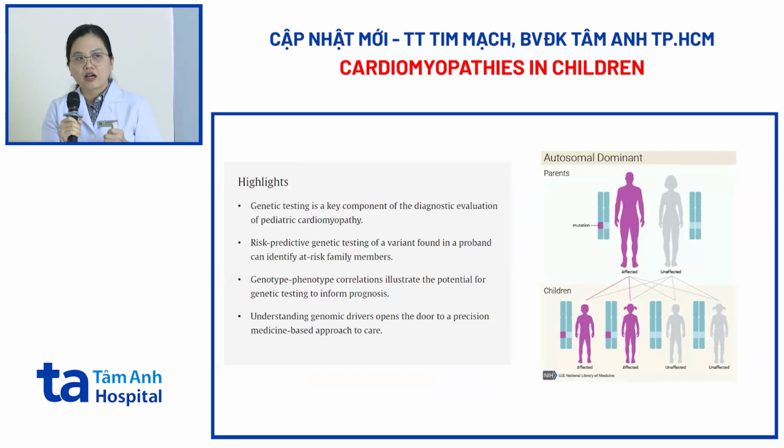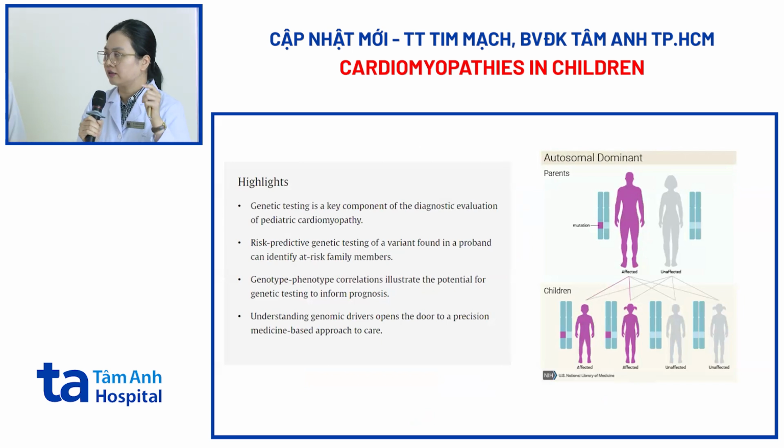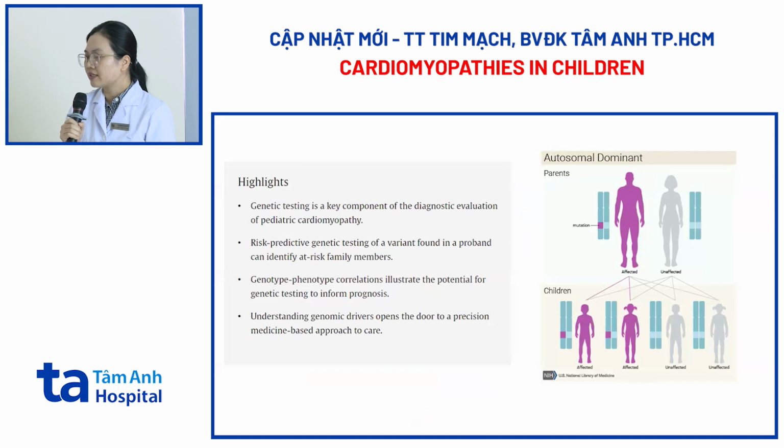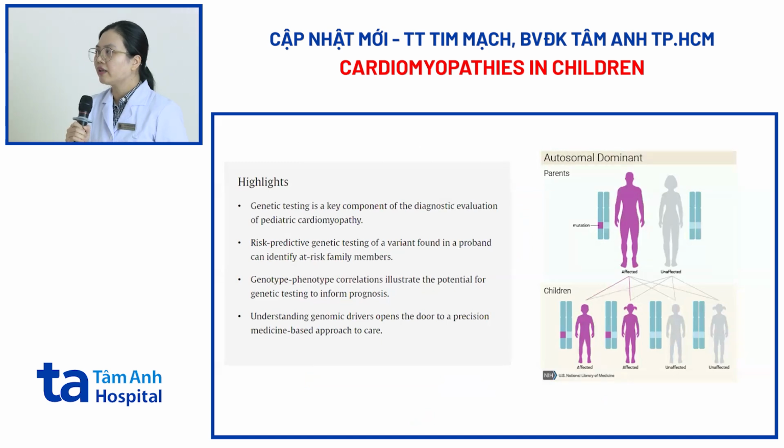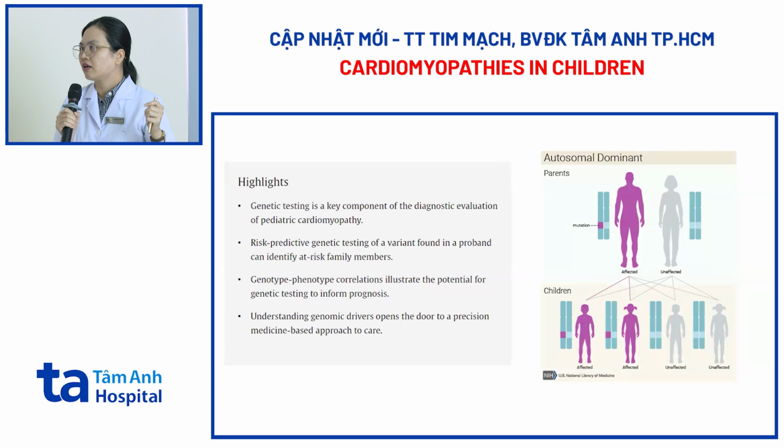Why I said that? Because you can see on the schematic there, if a pediatric patient comes to us, we make genetic testing and the patient has a mutation, for example. Firstly, we think it is idiopathic cardiomyopathy, dilated cardiomyopathy, for example. But after that, when you test the first line of the family, maybe the father, the mother, or other family members got the same gene.